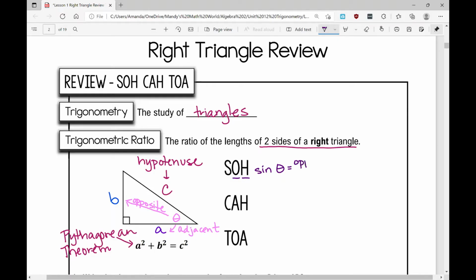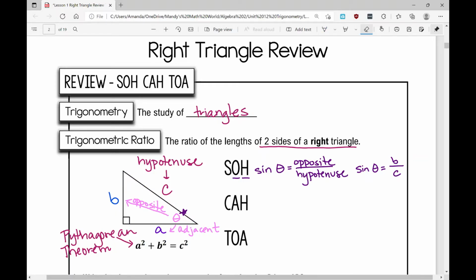So opposite to hypotenuse, which means the sine of theta is the ratio of B to C. It's the opposite over the hypotenuse. So the sine of that angle is the ratio of this side over here over this side over here.